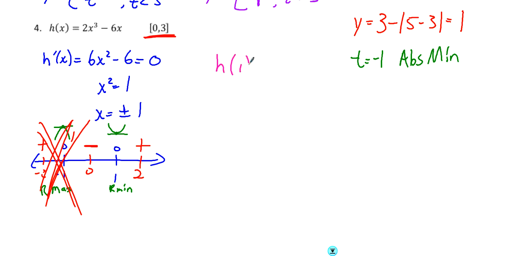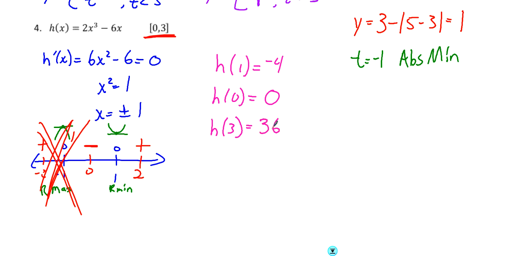find h at 1. Well, when we plug in h at 1, we get -4, because it's going to be 2 minus 6, which is -4. Now we check our endpoints. When we plug in 0, we get 0. And then we plug in 3, and we get 36.